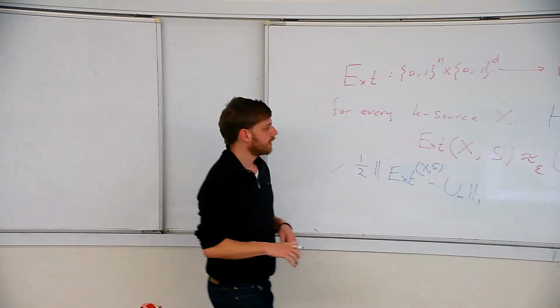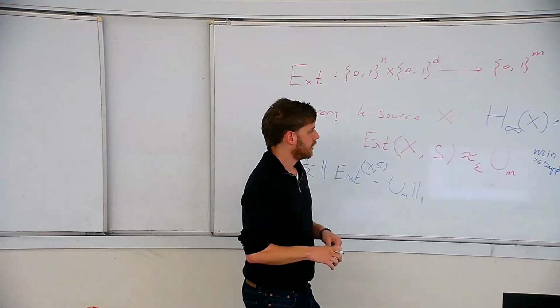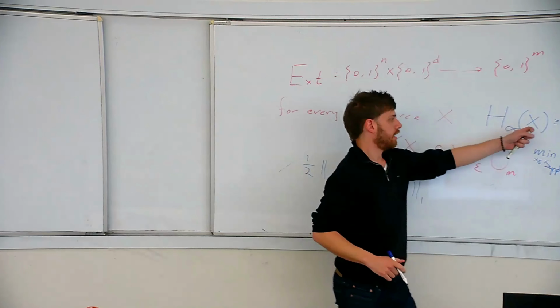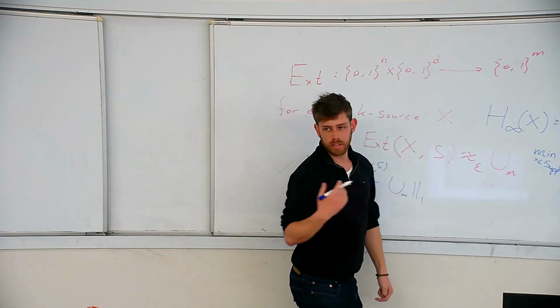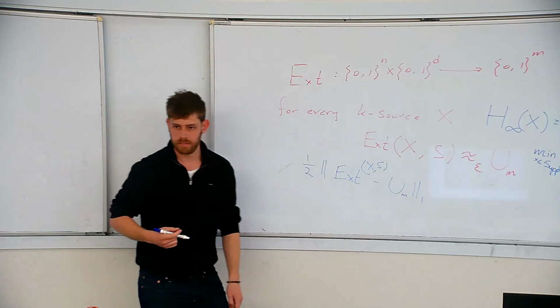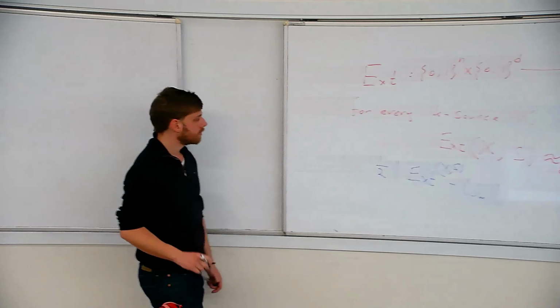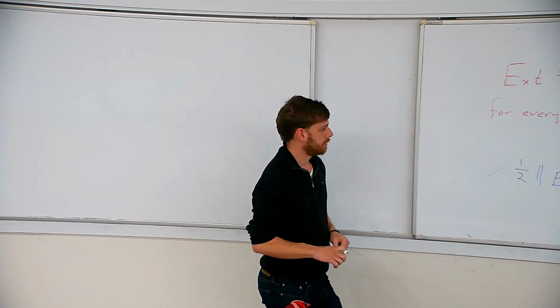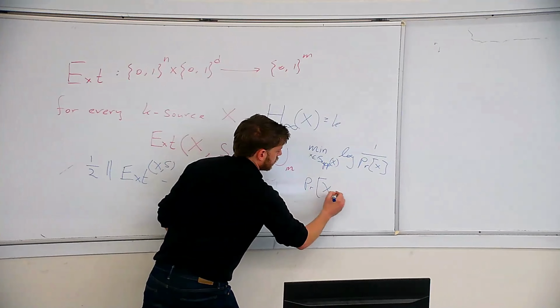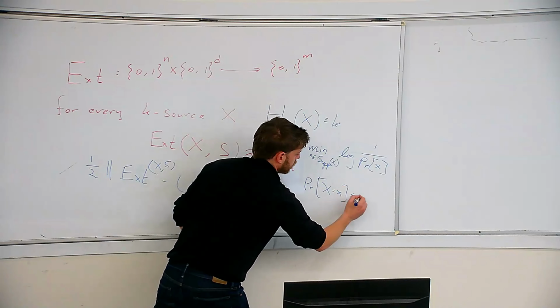Yes, familiar. And in particular, it means that X is distributed over at least 2 to the K elements. In other words, the probability of X equals x is at most 2 to the minus K.